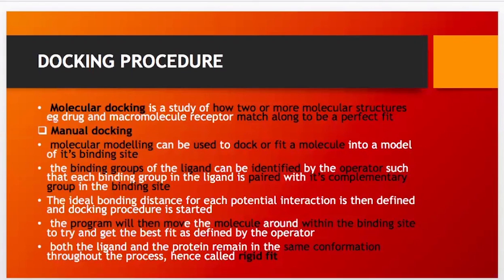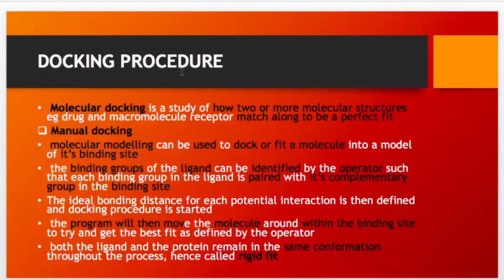Okay, now there's one procedure that we call the docking procedure. Docking is a study that is used to identify how two or more molecular structures, a drug and a receptor, can match up to make a perfect fit.